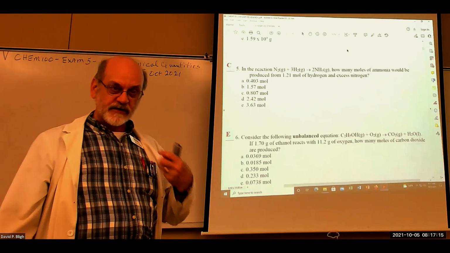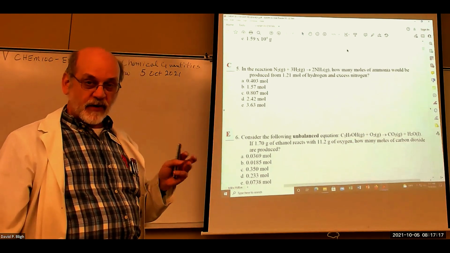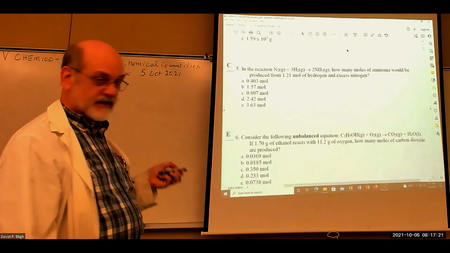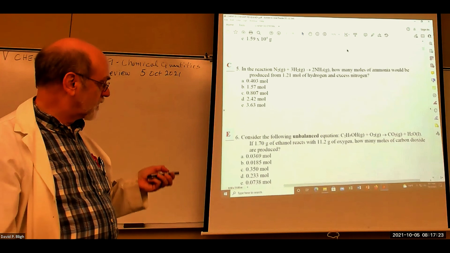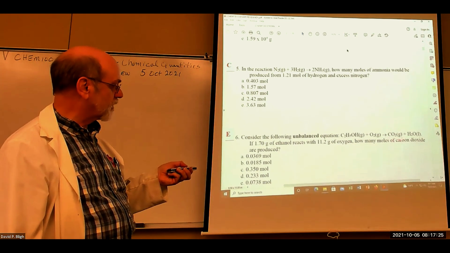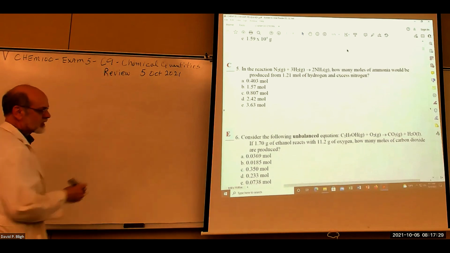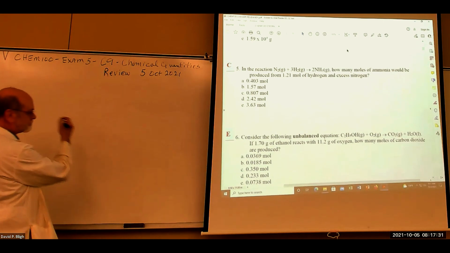Okay. This one is also going to be a process of determining the limiting reactant, because we want to find out how much product carbon dioxide is produced. All right, let's put the equation up there and balance it first.